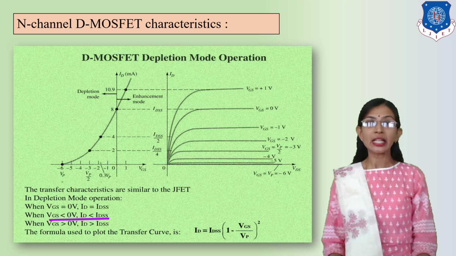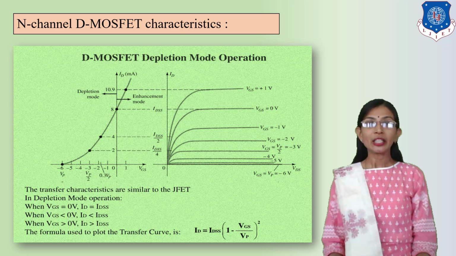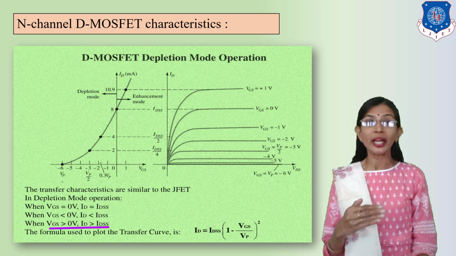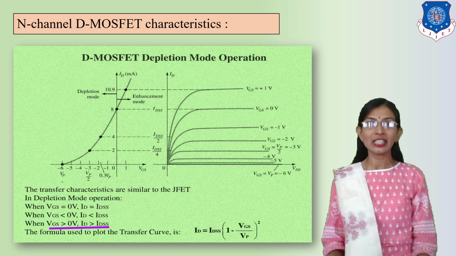For negative VGS, ID will be reduced and less than IDSS, and ID equals 0 at VP, the cutoff voltage or pinch-off voltage. The third case, when the D-MOSFET is converted into enhancement mode, is for positive VGS, described by case 3.